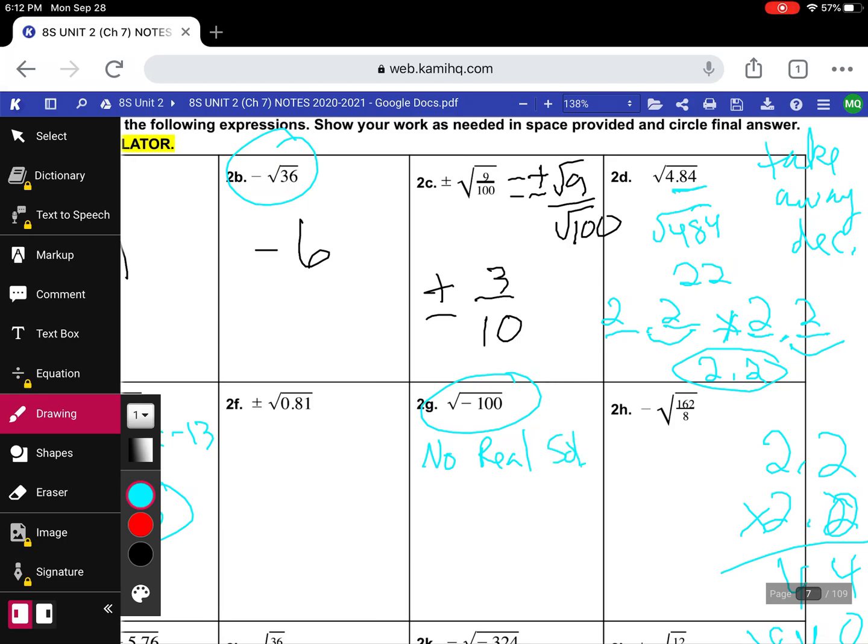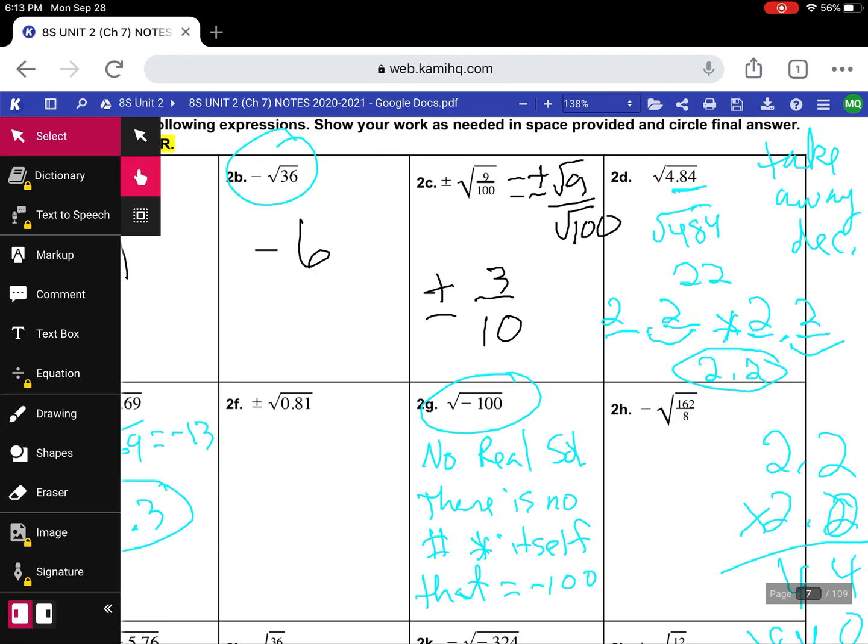And the reason for that is there is no number times itself that equals negative 100. 10 times 10 equals 100. Negative 10 times negative 10 equals 100. So you're not going to have a number times itself that ever equals negative 100. So whenever you have that negative under the square root sign, you're going to say, nope, no real solution.